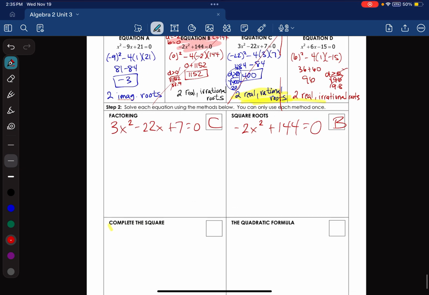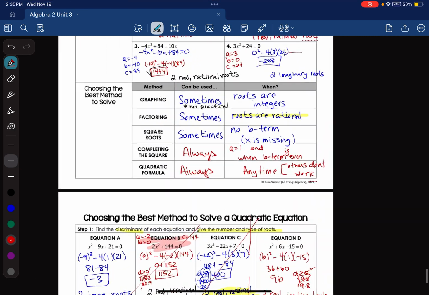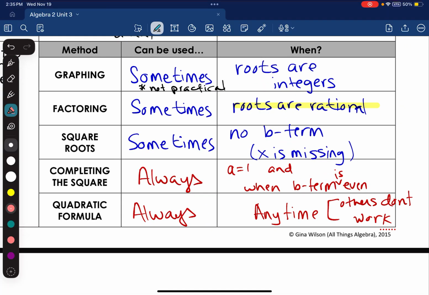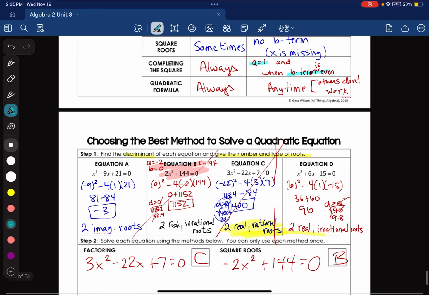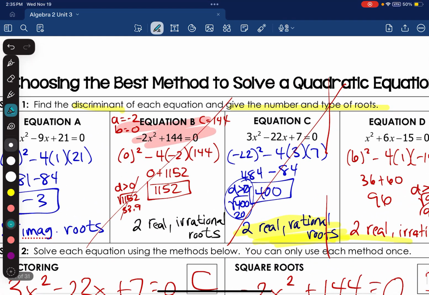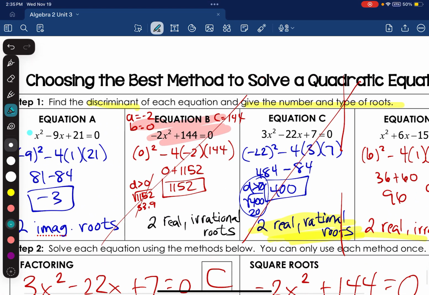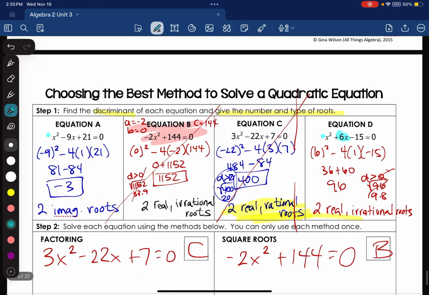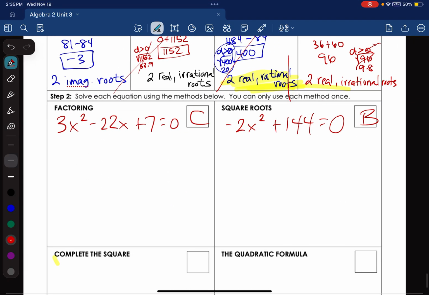All right, so we have placed B and C. We have to continue with completing the square. We're going to go back up here. The requirements for completing the square are when A is 1 and B is even. So out of the 2 that are left, A is 1 on both of them. And now we're going to look at the B term. The only one with an even term is equation D. So down here, we're going to put D, and we're going to write equation D out.